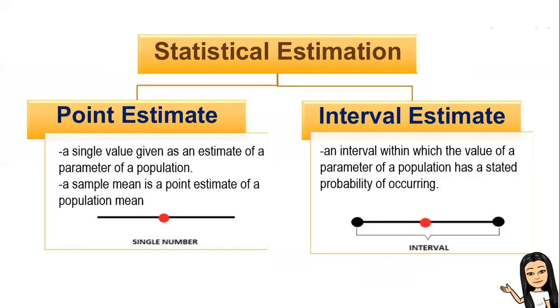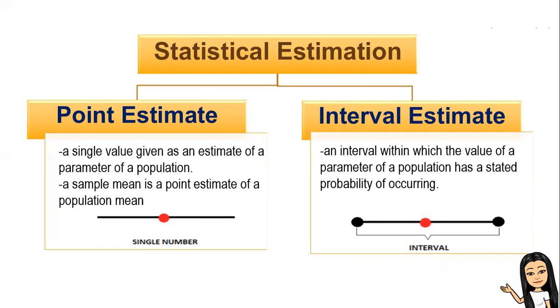Now, this time, let's talk about statistical estimation. So we have here first the point estimate. When we say point estimate, a single value is given as an estimate of a parameter of a population. And a sample mean is a point estimate of your population mean. This is such because, as I have mentioned again, whatever you could deduce from the sample may be deduced for the population, provided that representativeness is satisfied.